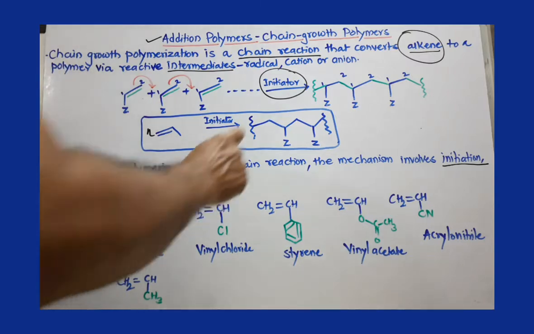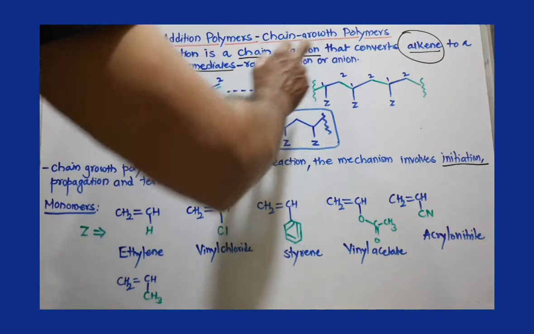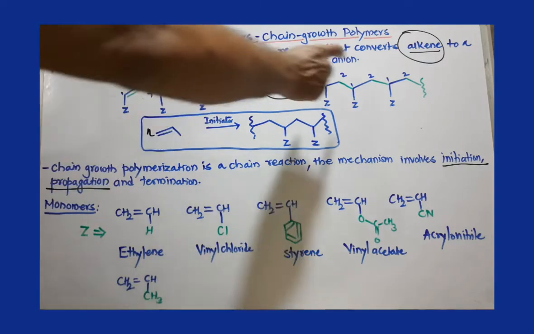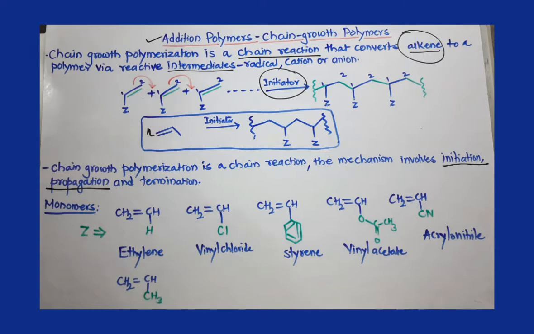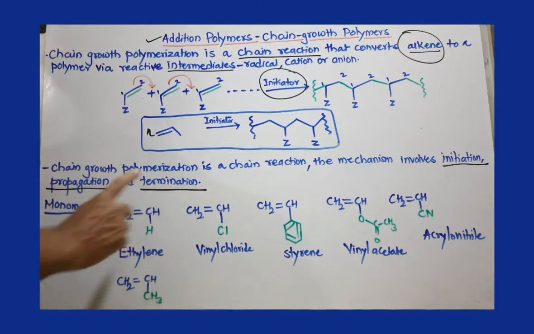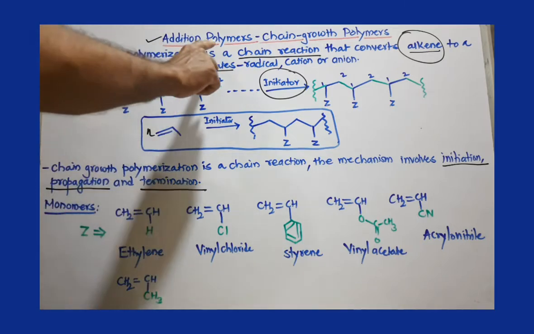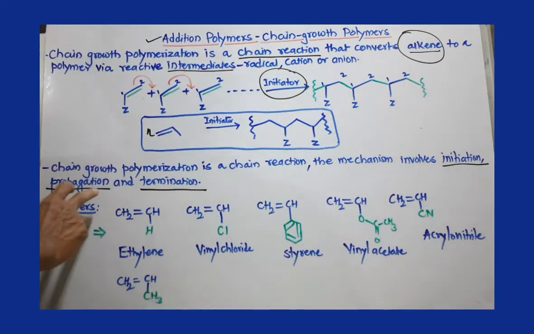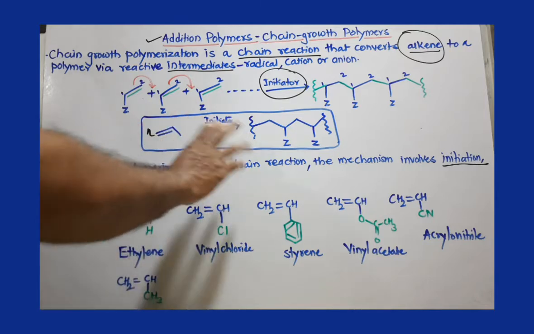Then once the radical, cation or anions are formed, we get another step, propagation, where polymerization takes place, and finally we need to terminate it. We need to stop that reaction, we call it termination. So addition polymers or chain growth polymerization involves initiation, propagation and termination in this mechanism.